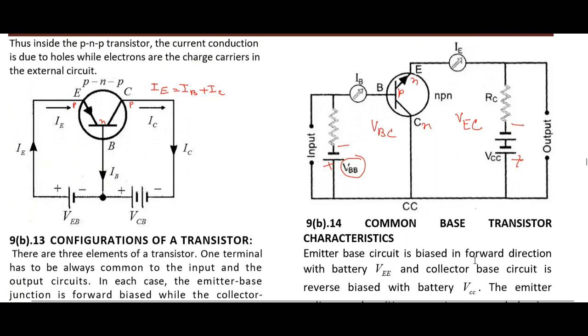So in this way, I strongly recommend all of you to kindly go through these three configurations, draw the circuits, then proceed ahead. If you draw the circuit and keep the convention in mind that the common comes after, VBC is the input and VEC is the output because this is common collector.